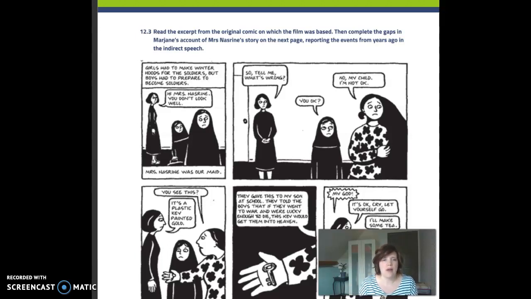So that is why we have to put the words into indirect speech in that text. It is no longer what those persons literally said, but it is an account of that. And let's just have a look at that and see how that works, because as you will notice, we'll need to make certain adjustments to the text for it to become correct sentences. So let's have a look at that.